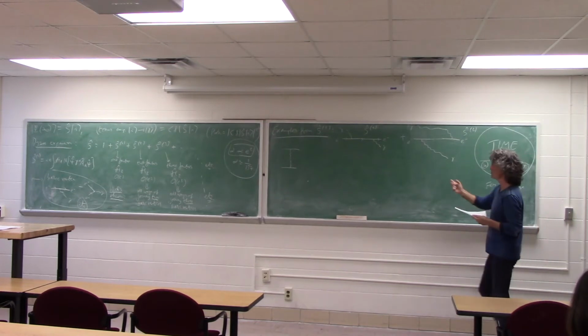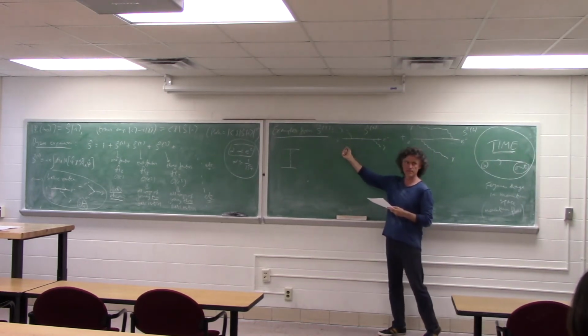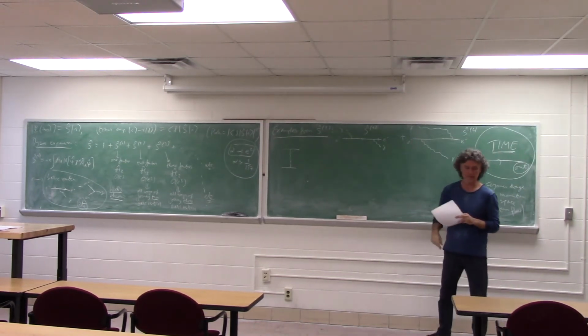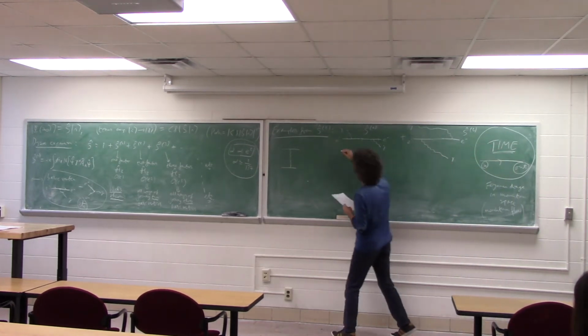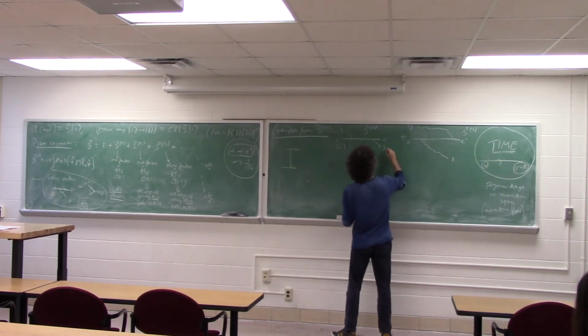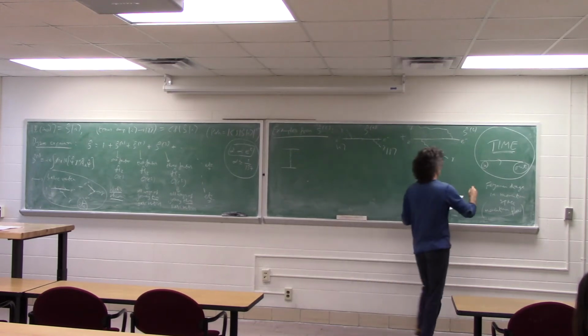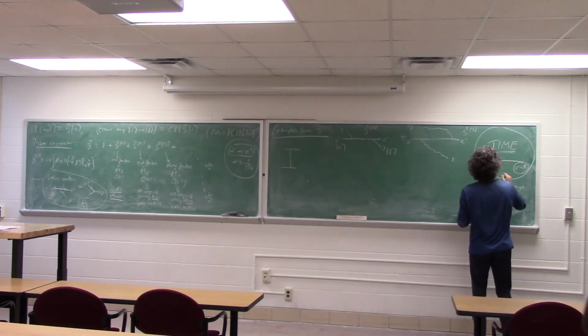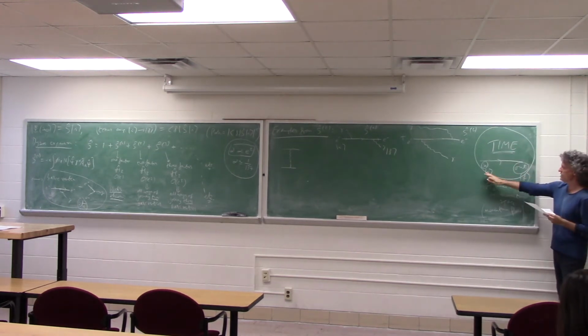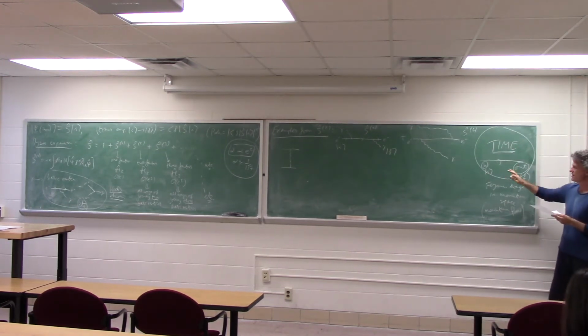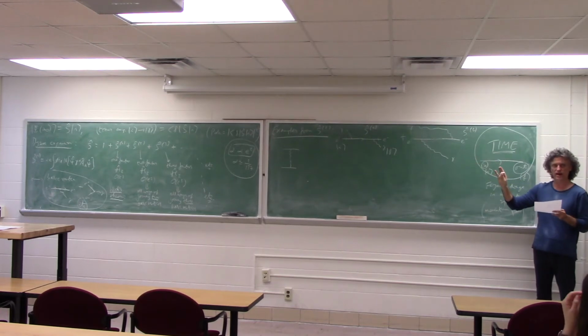I have some incoming particles with certain momenta, outgoing particles with certain momenta, and the initial state is over here, and the final state is over here. So time runs this way in the sense that here's the initial state, here's the final state. This isn't supposed to be a space-time diagram or anything.